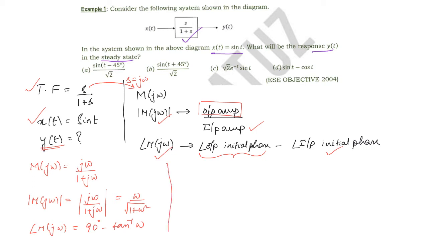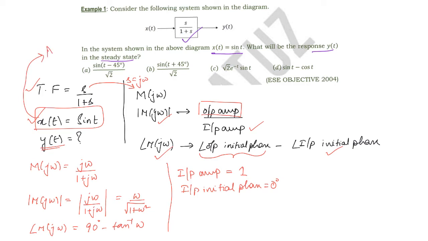Now the input, if you take x of t, you can see that the input amplitude is equal to 1, and the input initial phase is equal to 0 degrees. How are you doing this? You have to take x of t is equal to sin t and compare it with the standard sinusoidal signal A sin of omega t plus phi.